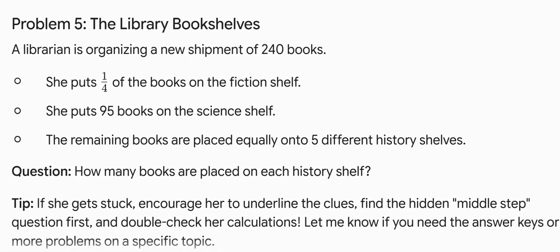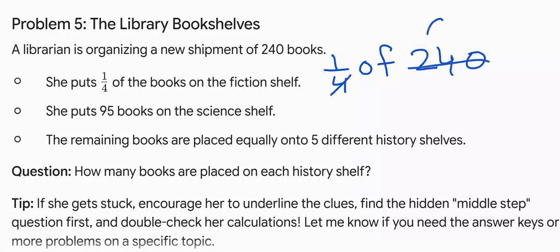Okay. Let's read. A librarian is organizing a new shipment of 240 books. She puts 1/4 of the books on the fiction shelf. Okay, 1/4 of 240 means 6 times 24 and 0 as it is.